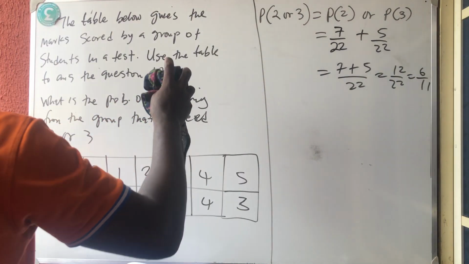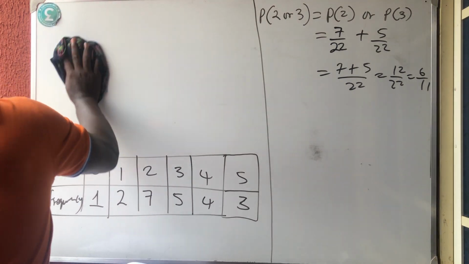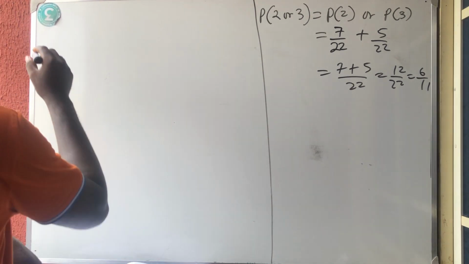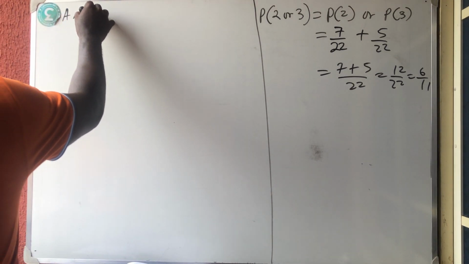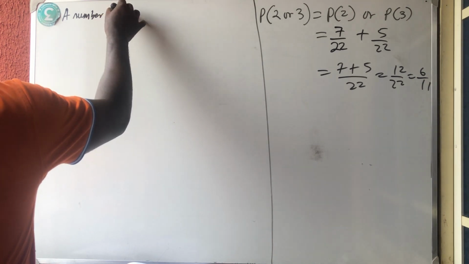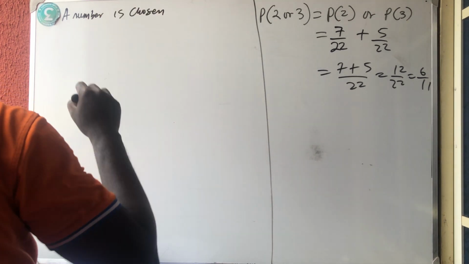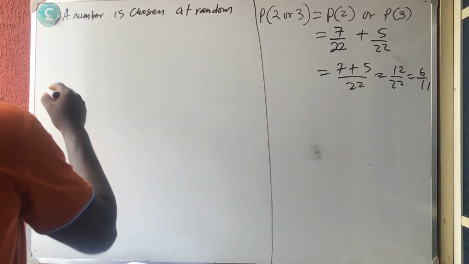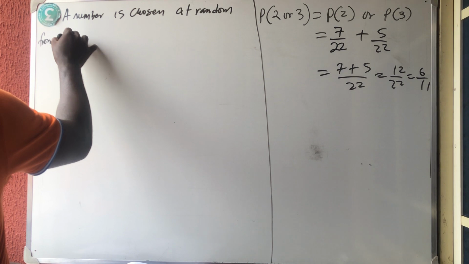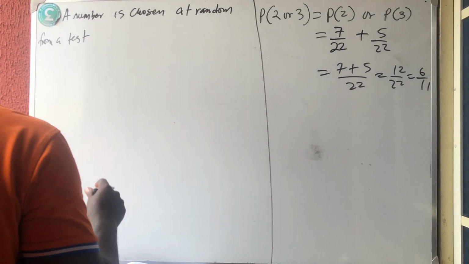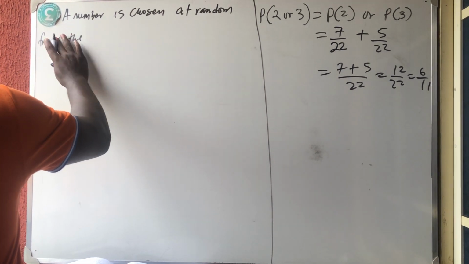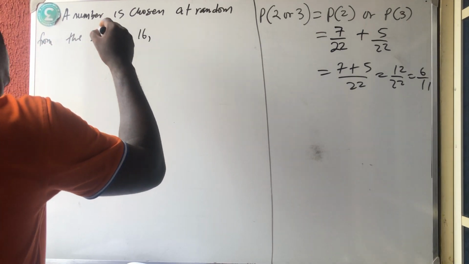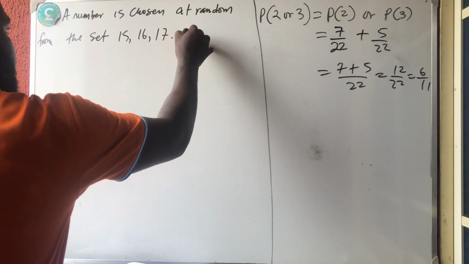So the last question, but not the least. The last question said, a number is chosen at random from the set 15, 16, 17 up to 32.